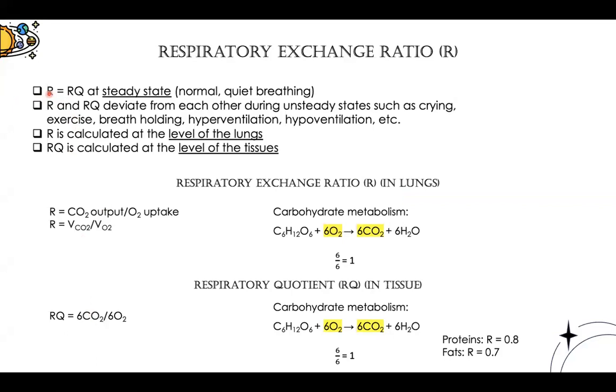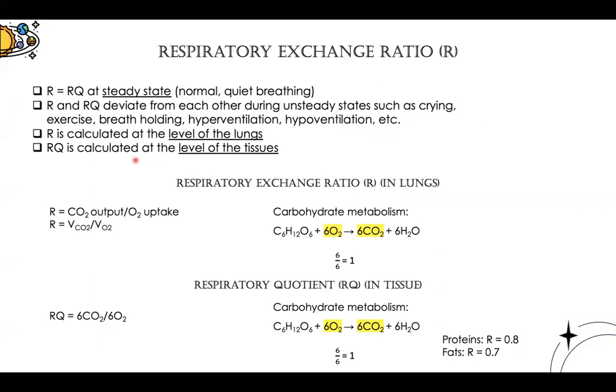But they will deviate from each other during unsteady states. These don't have to be pathological states. This could be you're just exercising, or holding your breath on purpose, or crying. Hyperventilation, hypoventilation, we'll talk more about that later in the session.